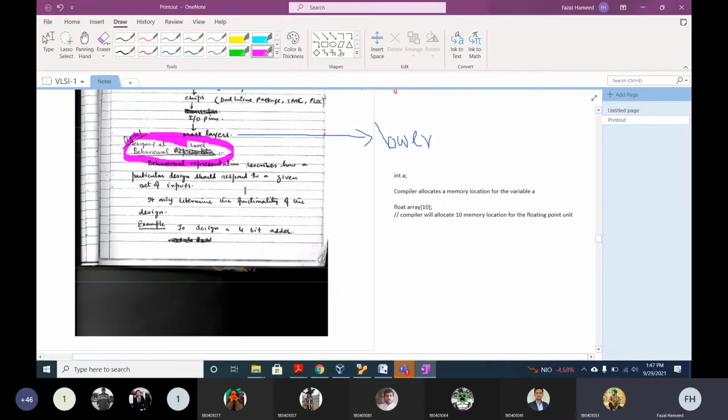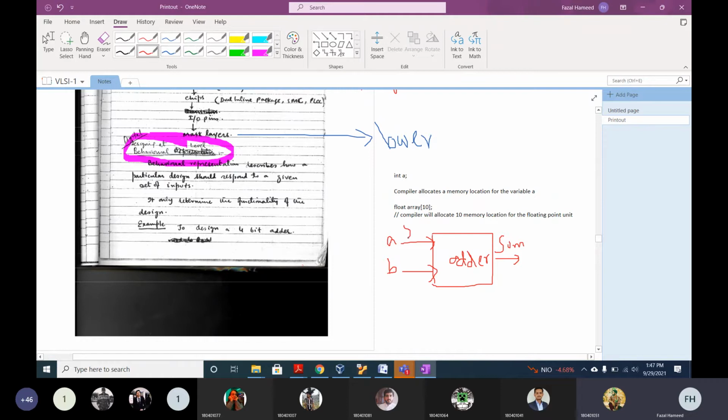I will give a very simple example of a behavior. Let's assume we have an adder, a 4-bit adder. We have two inputs, A and B, and the output is, let's assume, sum.